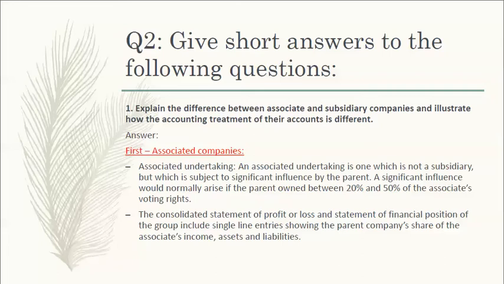Second point, the consolidated statement of profit or loss and the statement of financial position of the group include single line entries showing the parent company's share of the associate's income, assets and liabilities. So first I mentioned what is meant by an associated company, and second I explained the accounting treatment of the associated company's accounts.